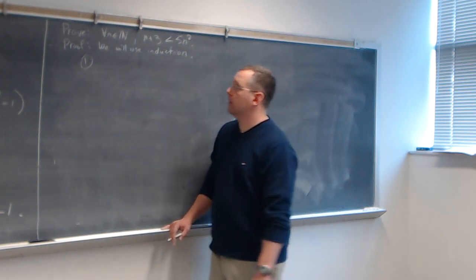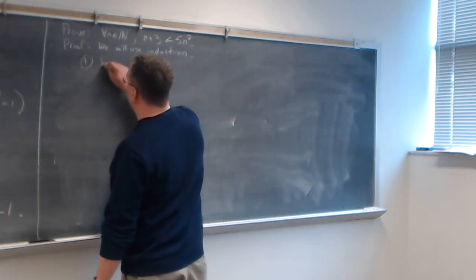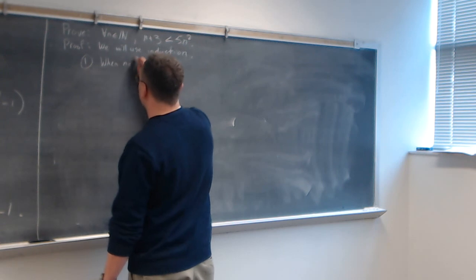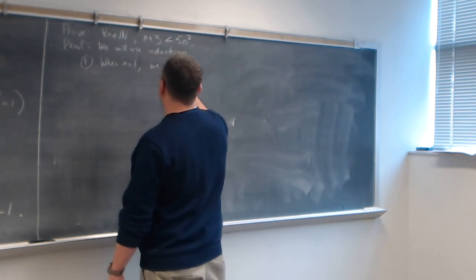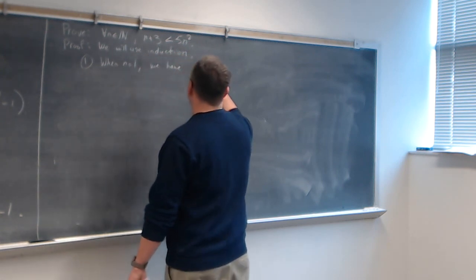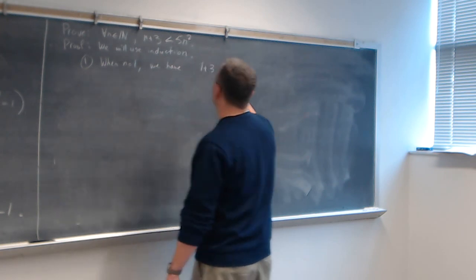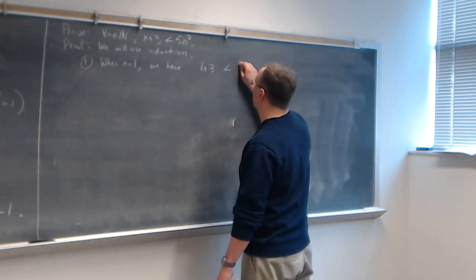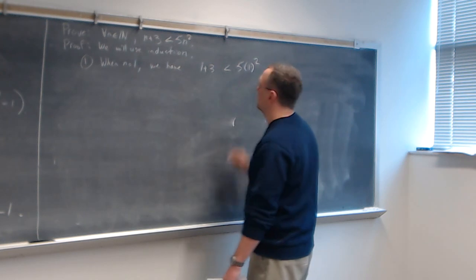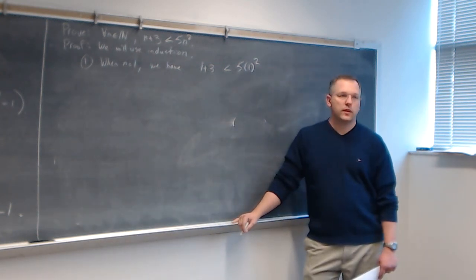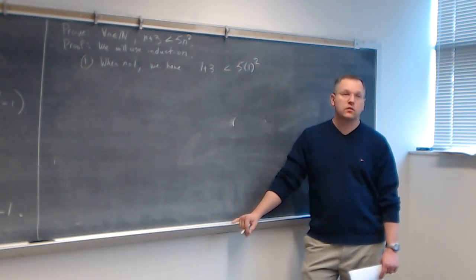So where's the left-hand side go? So when n equals 1, we have 1 plus 3 is less than 5 times 1 squared. Everybody agrees that 4 is less than 5?